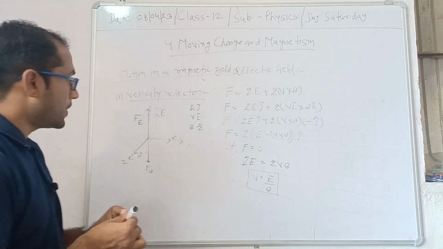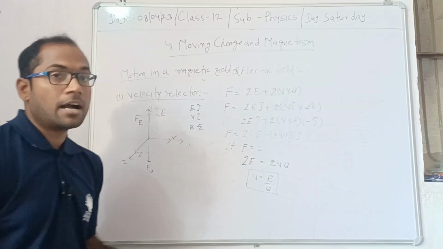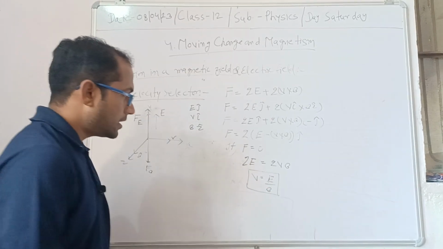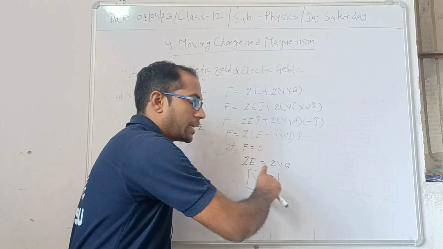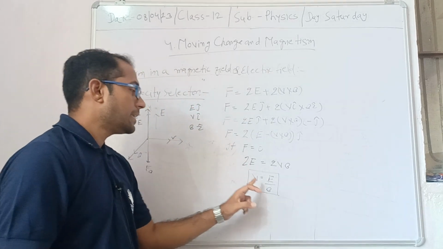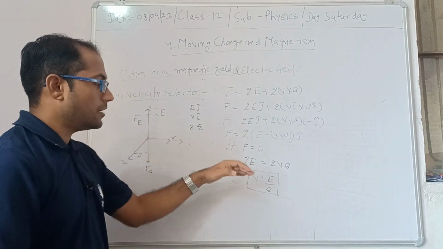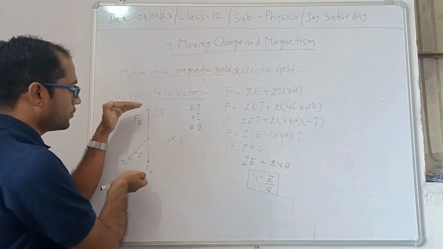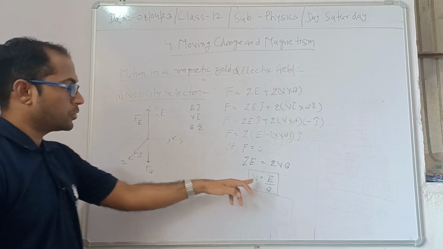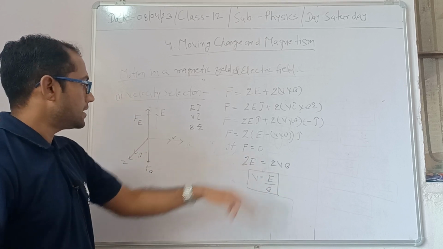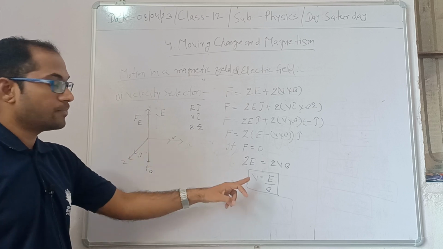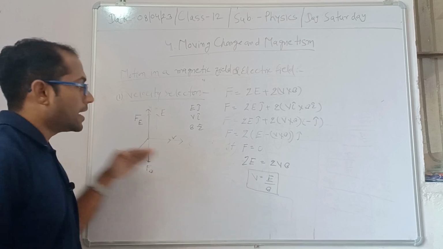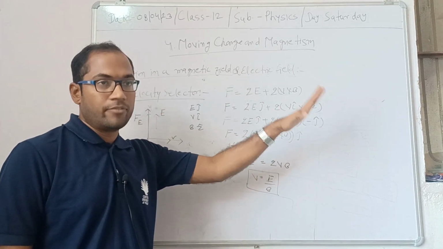If a particle with velocity V is put in the magnetic and electric field, and the ratio of the electric and magnetic field equals the velocity V, then the particle passes through this area without deflection, because these two forces balance each other. So if you put any particle with velocity V in this field, and the ratio of the fields equals the velocity, it passes out of this field without any deflection.